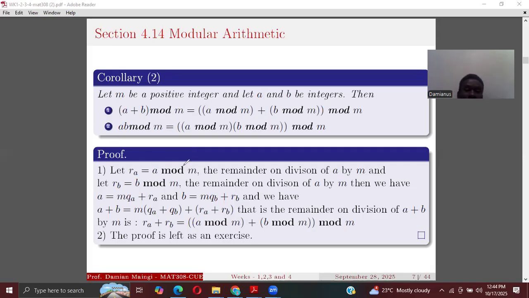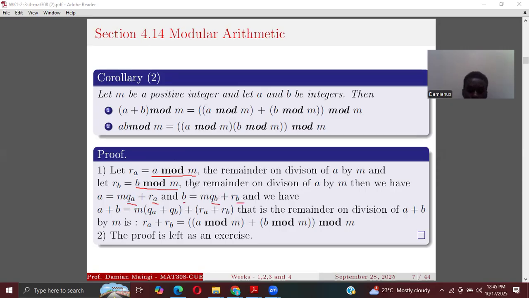So first we change the notation. Let RA be the remainder on division of A by M. Remember, that's the definition: A mod M means the remainder of division of A by M, and the remainder of division of B by M, we call RB. So A divided by M gives some quotient plus remainder, and B divided by M gives some quotient and the remainder.